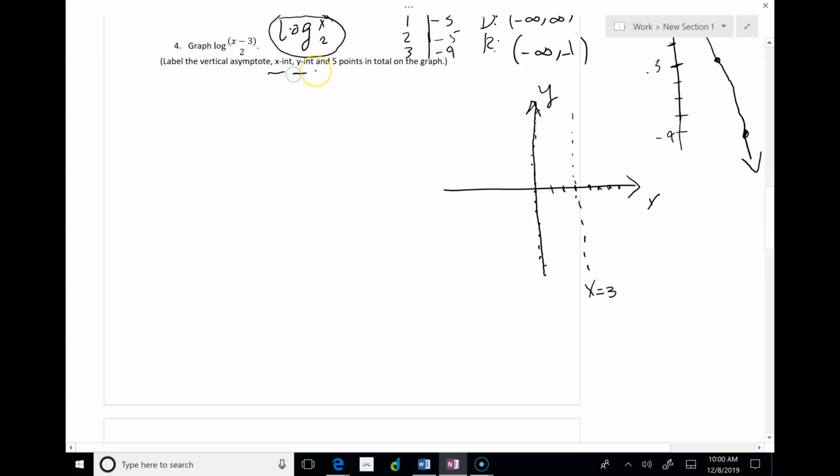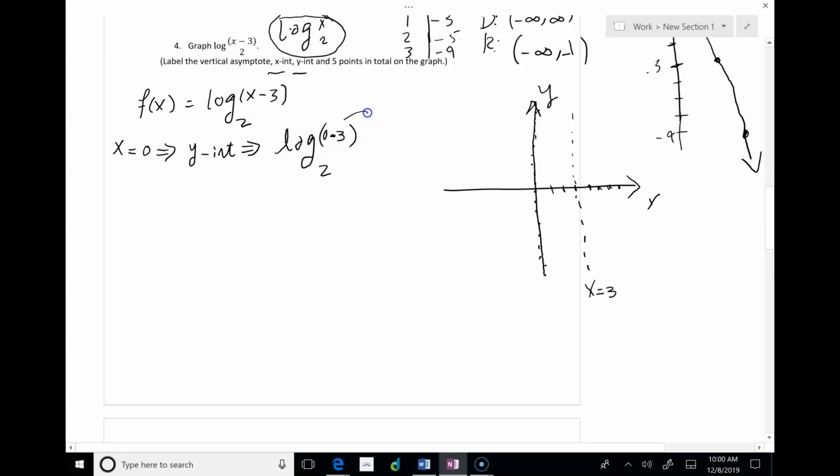But before that, if you want to find the x-intercept and y-intercept: if you have f of x equal to log of x minus 3 base 2, when x is 0 you find the y-intercept. If you let x equal to 0, you would have log of 0 minus 3 base 2. This is undefined because inside the log cannot be negative.